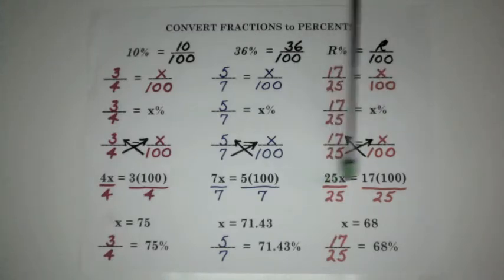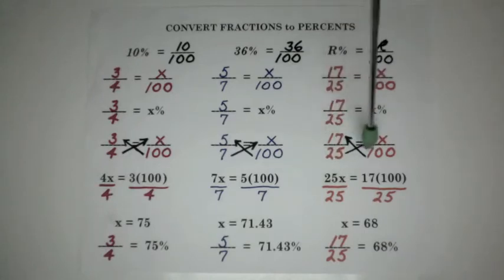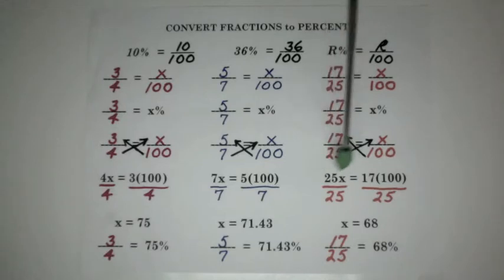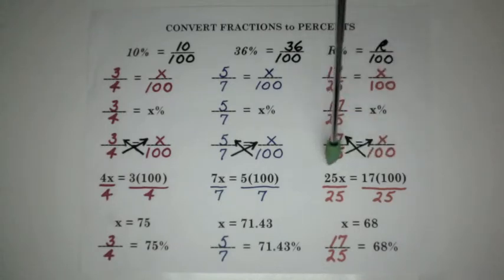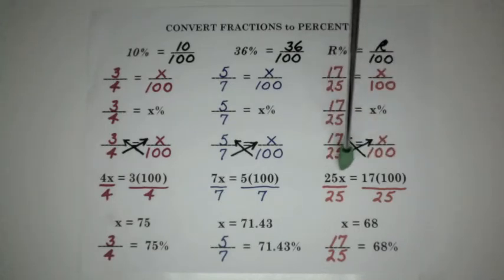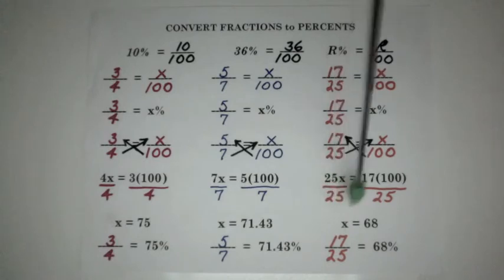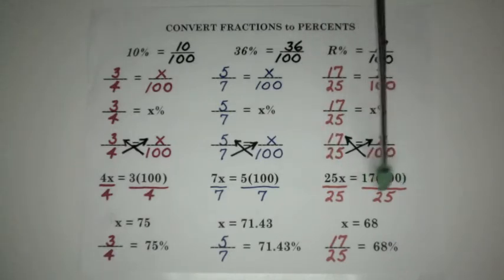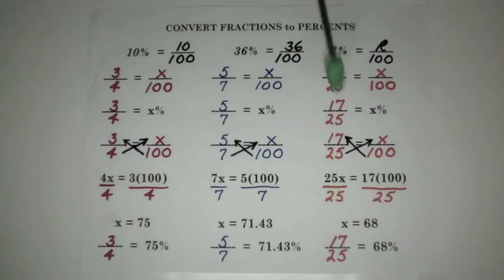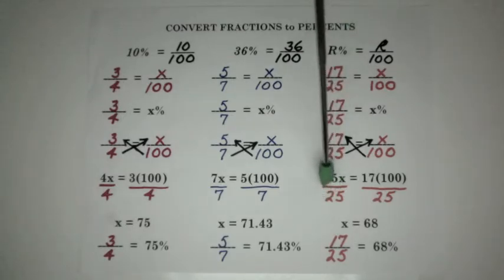25 times x equals 17 times 100. I want to know what x is, not 25x. So in order to isolate x, I have to do the opposite of what's being done to it. 25 is being multiplied to x, so I must divide by 25. Whatever I do to one side of the equal sign, I must do to the other. So I must divide this side by 25. 25 divided by 25 equals 1.